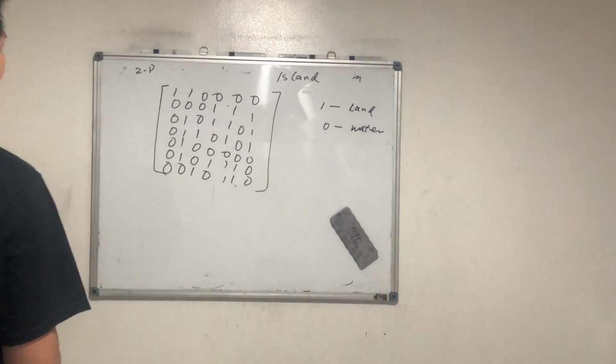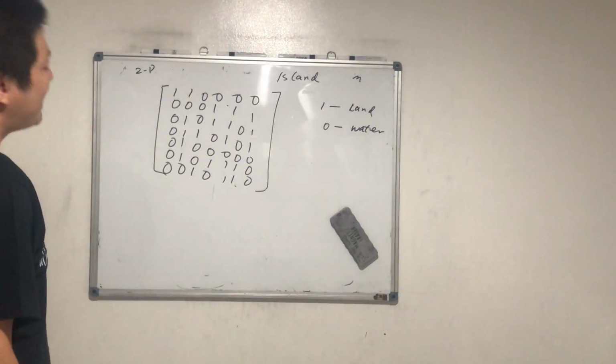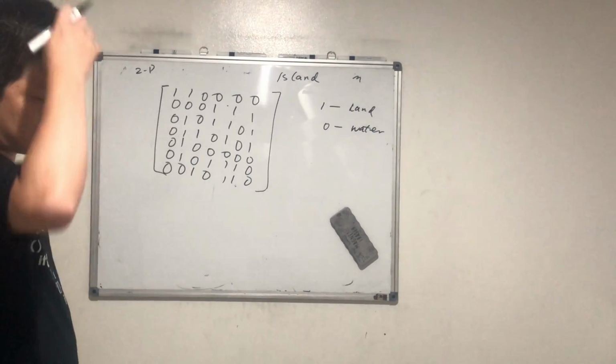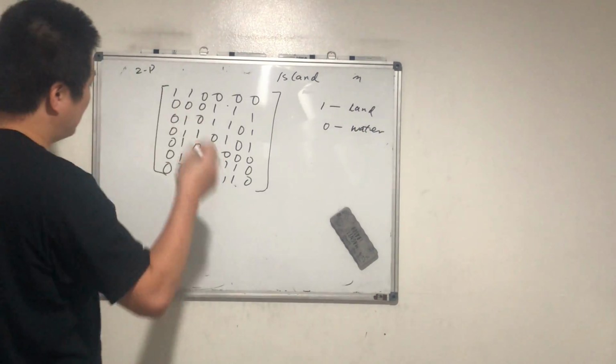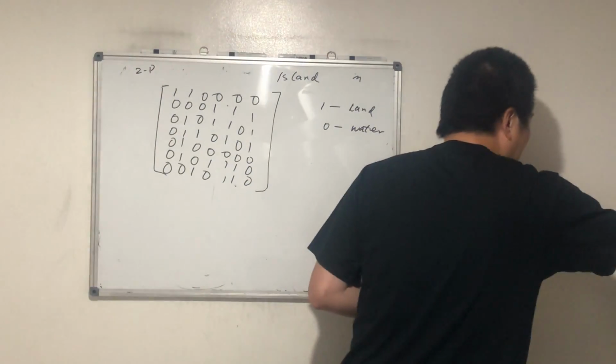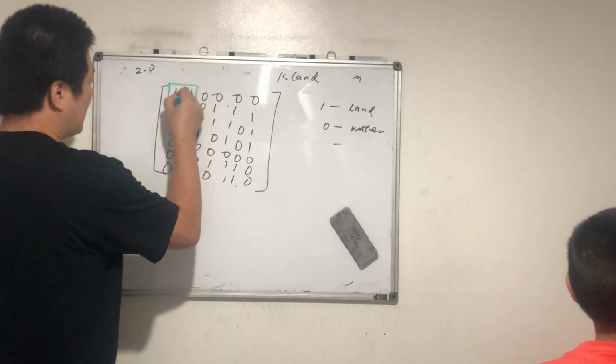Okay, so 1 is the land, 0 is water. How many lands are there? They're like so many. 7 by 7, okay, 45. I'm going to use this color.